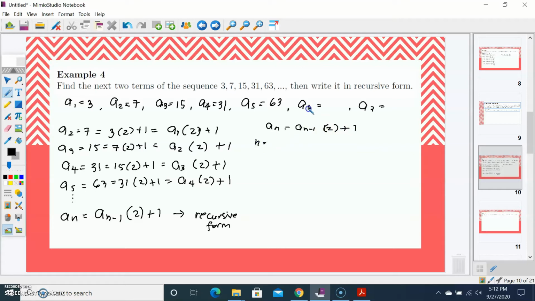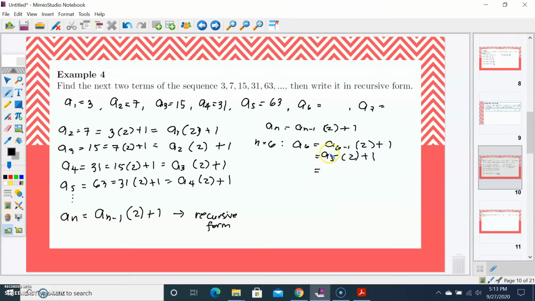Since we're looking for a sub 6, we're going to let n be equal to 6. Meaning we're going to have a sub 6 is equal to a sub 6 minus 1 times 2 plus 1. But a sub 6 minus 1 is a sub 5. Multiply this by 2 plus 1.